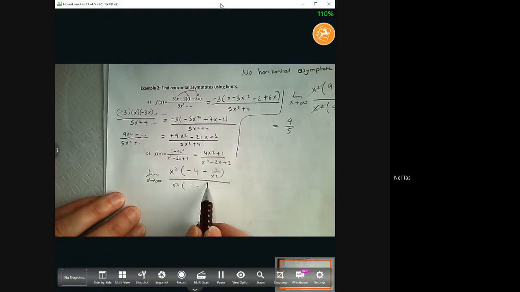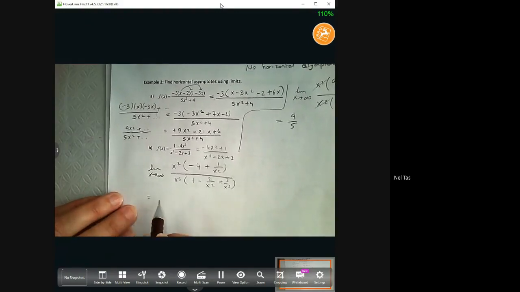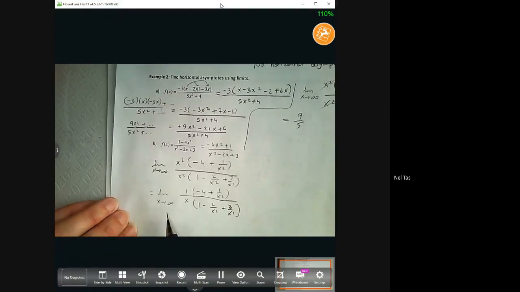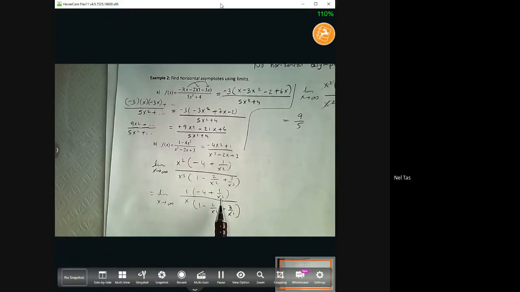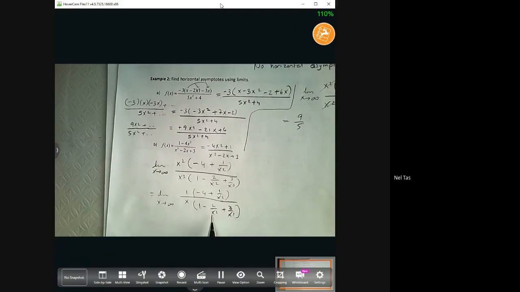So you get 1 minus 2 over x squared plus 3 over x cubed. If you simplify x squared and x cubed, you get 1 over x, again -4 plus 1 over x squared, over 1 minus 2 over x squared plus 3 over x cubed. If you substitute a big number for x, this becomes 0, 0, and 0. So you end up with -4 over x.